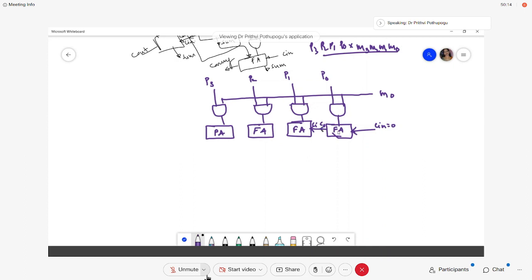This is C out for this block, and the same way this is C out, C in. Now for the next iteration, the sum generated from this first stage will be taken, and one bit shifted, we need to take the partial product.